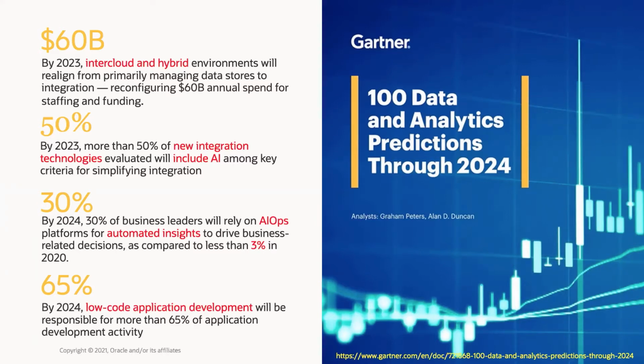It seems that more than 50% of the new integration technologies will be using AI. More than 65% of new code by 2024 will be low-code application development, and 65% of the business leaders say that automated insights from AI operations would be much higher than compared to 3% way back in 2020.